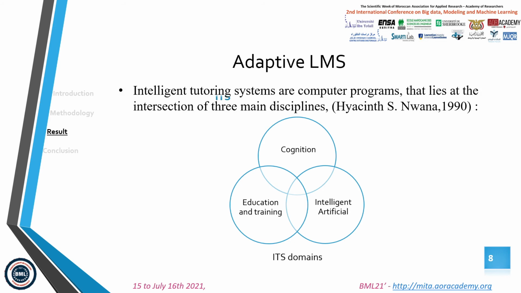ITS systems are computer programs that live at the intersection of three main disciplines: artificial intelligence, education, and cognition.